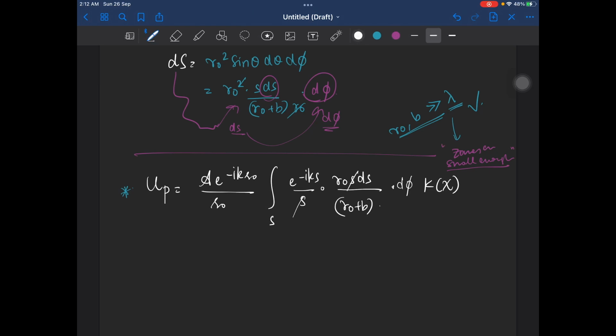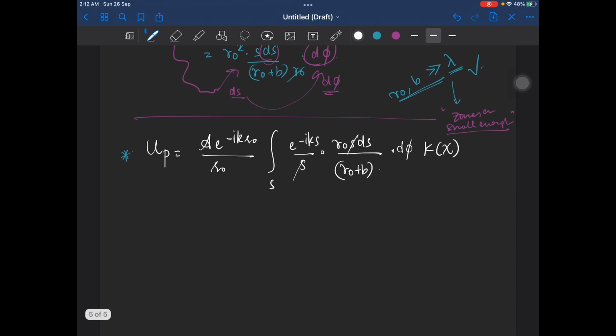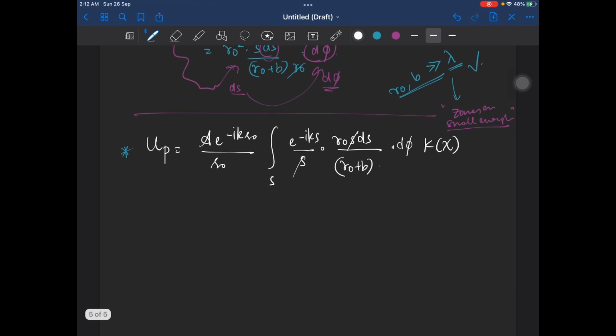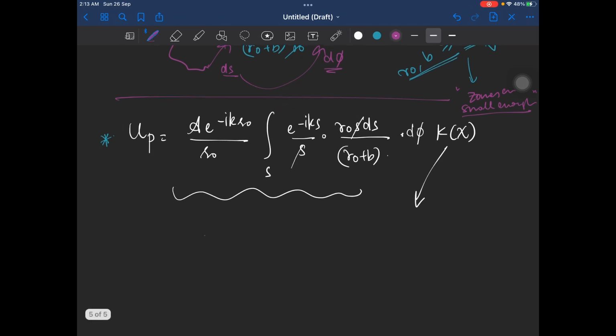Now, of course, we need to evaluate the k chi, but we are integrating zone by zone.